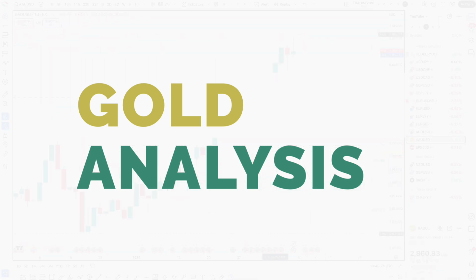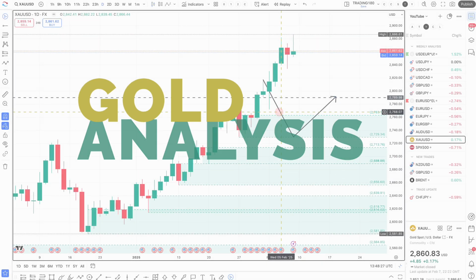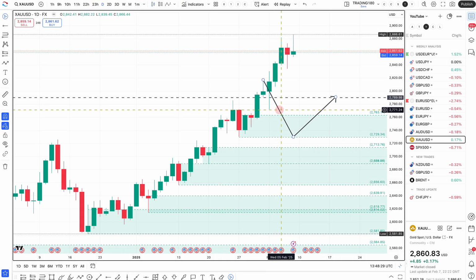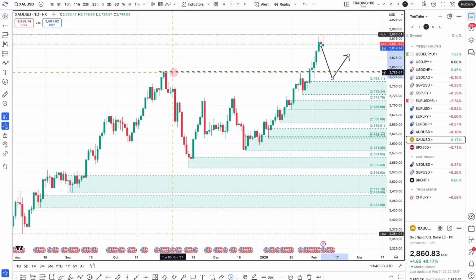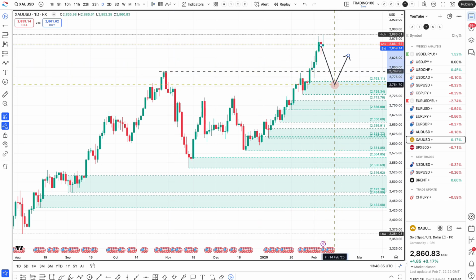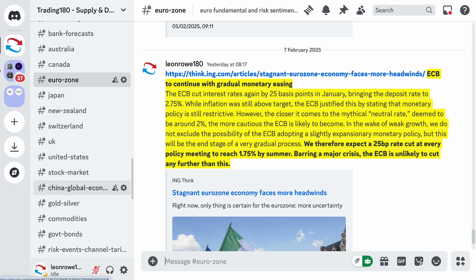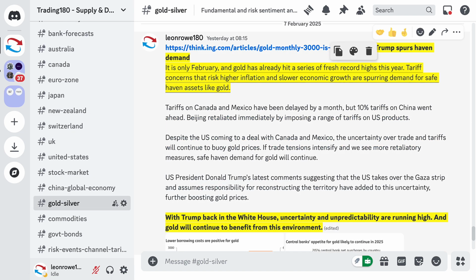Gold. So gold, looking for a pullback to go long was really the direction of travel, but that hasn't happened. It's broken to all new highs, and so again, all we have to do is look for pullbacks right now with gold. Gold has obviously reacted to Trump's tariffs, and it says here Trump spurs haven demand.